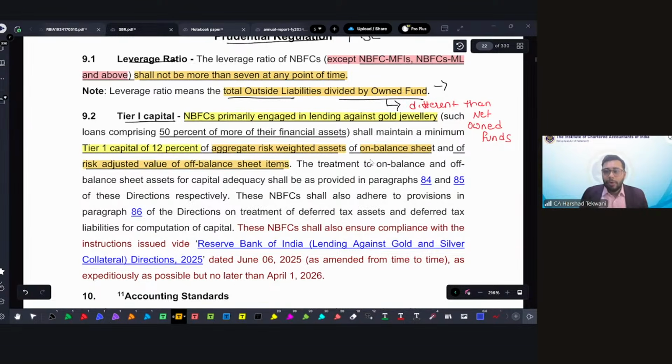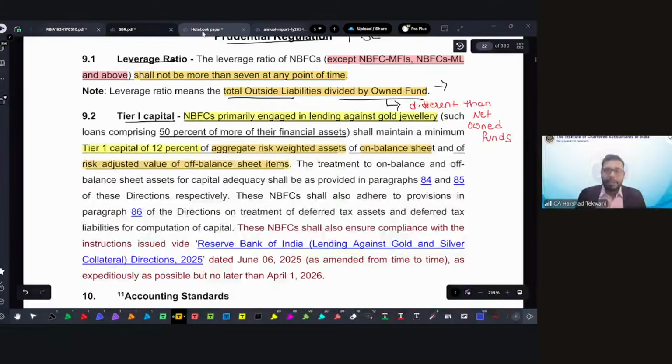Okay. So basically, this was the tier one capital requirement for lending against gold jewelry. This is a specific requirement. But to understand these kinds of requirements of tier 1 capital, tier 2 capital, we have seen the formula, how to calculate the tier 1 capital. But here the percentage is not given directly.